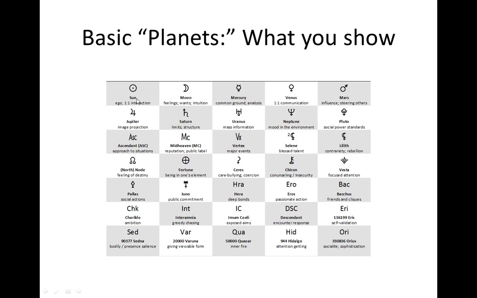If you want to look at a person's feelings, you need to look at the moon. The moon talks about wants, and it's your intuition for things, it's your gut feeling. And so you would look at where the moon falls in an astrology chart in order to get an idea of how a person feels.